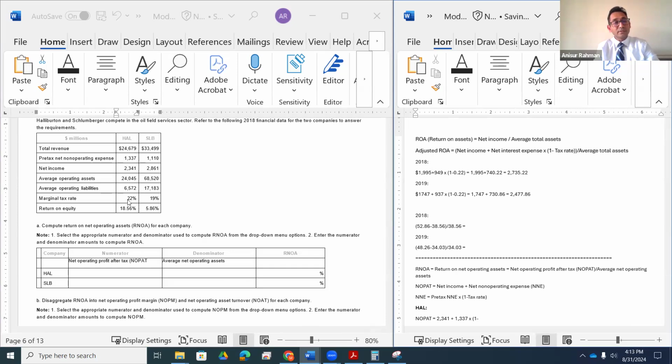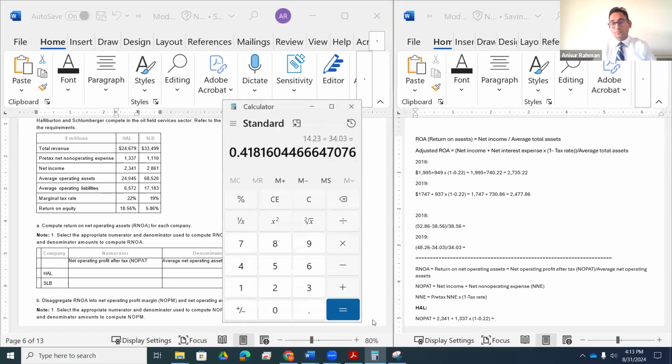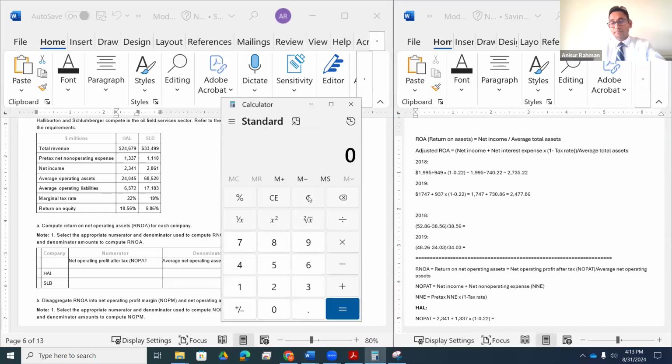The tax rate is 22% for HAL. Let's calculate that.